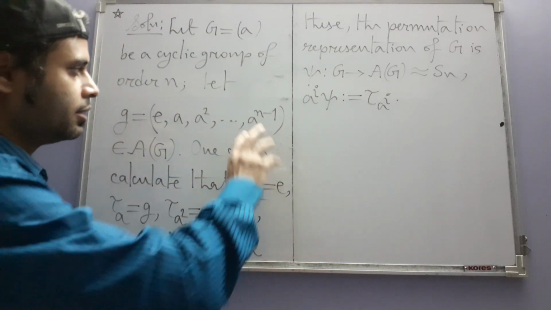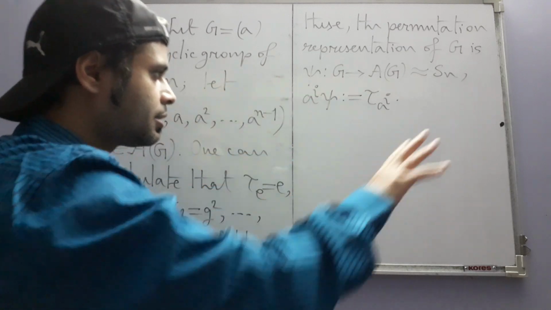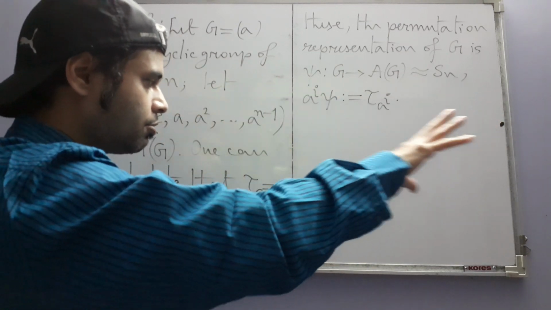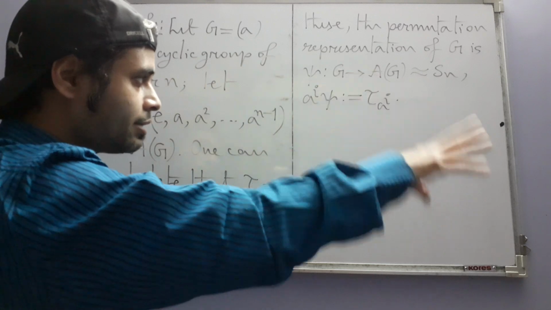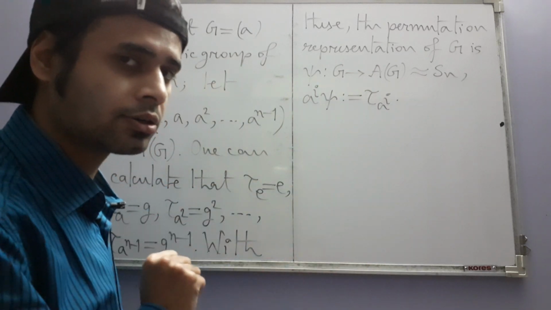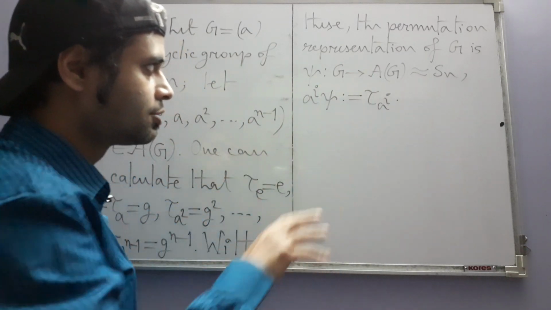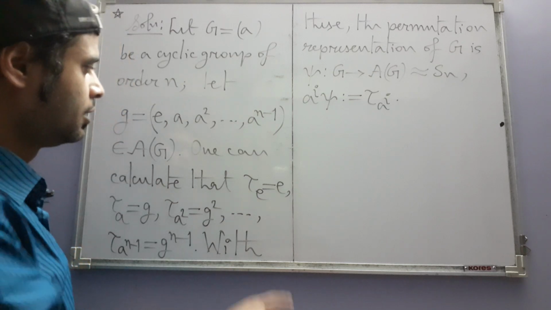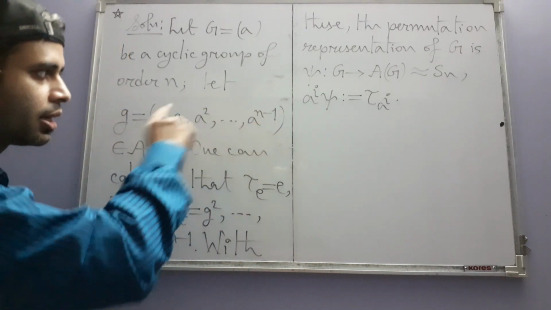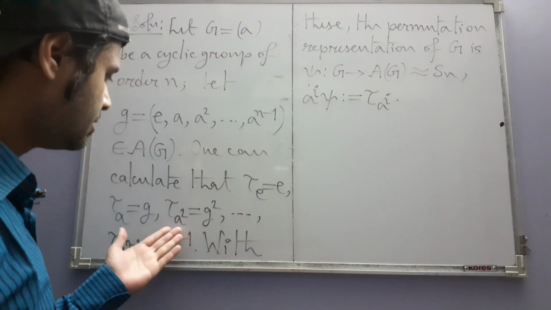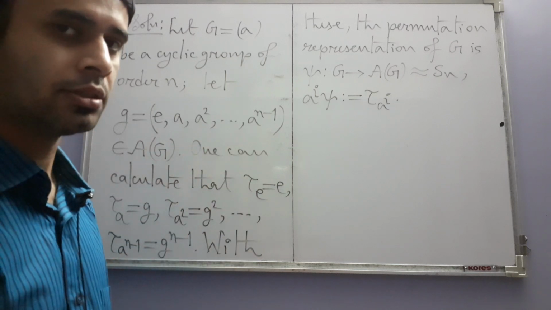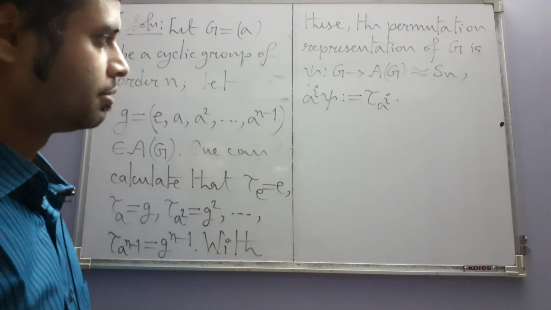It's usually better to represent the group, or look at its isomorphic copy or analog, somewhere else which is more familiar to us. Instead of looking at abstract symbols, it's much easier to understand permutations, with which we are more familiar.